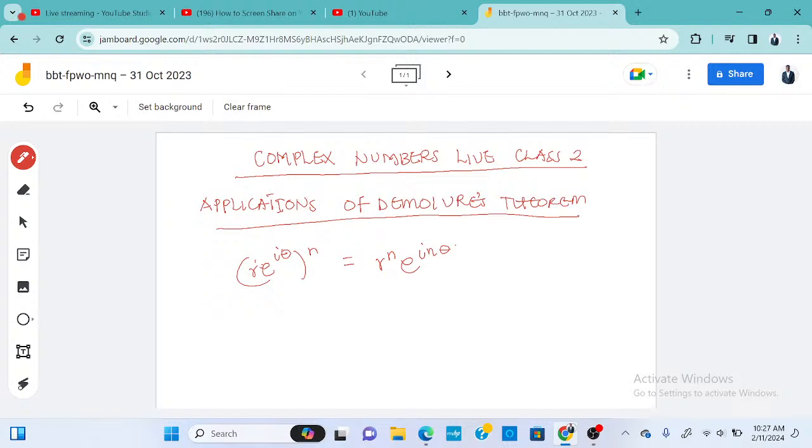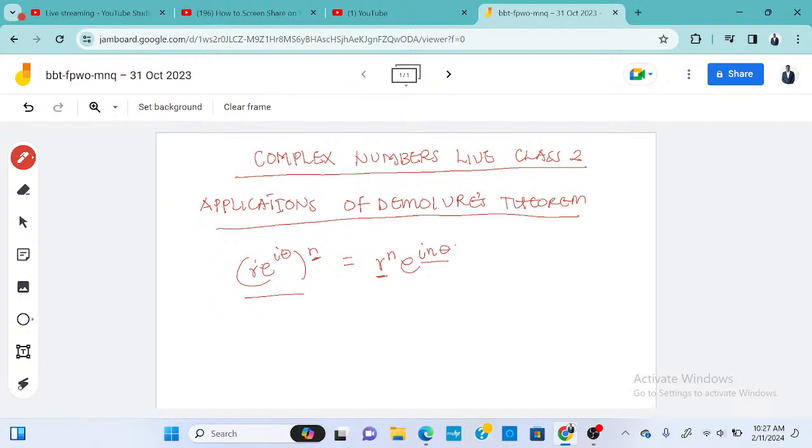That is, whenever a complex number is expressed in the polar form and you want to find an exponent of that number, you simply find the exponent of its modulus, but you multiply the n by its argument, as simple as that.